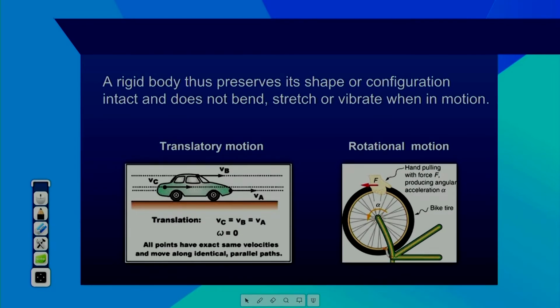In the first figure I am just considering 3 points A, B and C. If the car moves along the straight road, these 3 points also move with the same velocity, parallel to one another and along the straight line. If this is the case, we can say the rigid body is executing translatory motion.